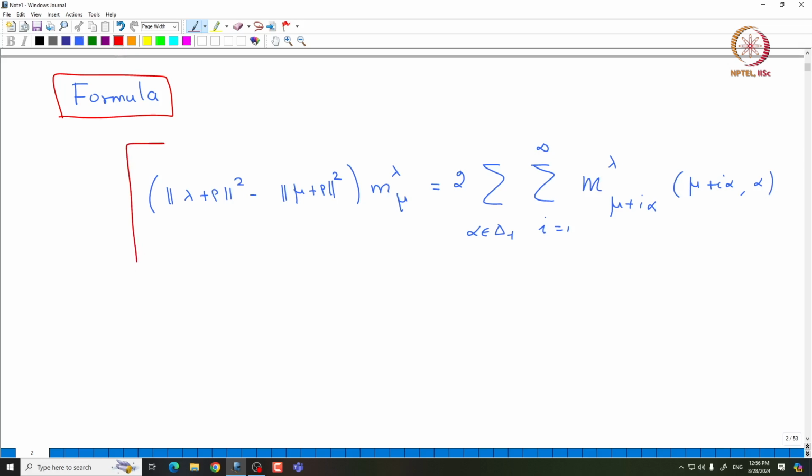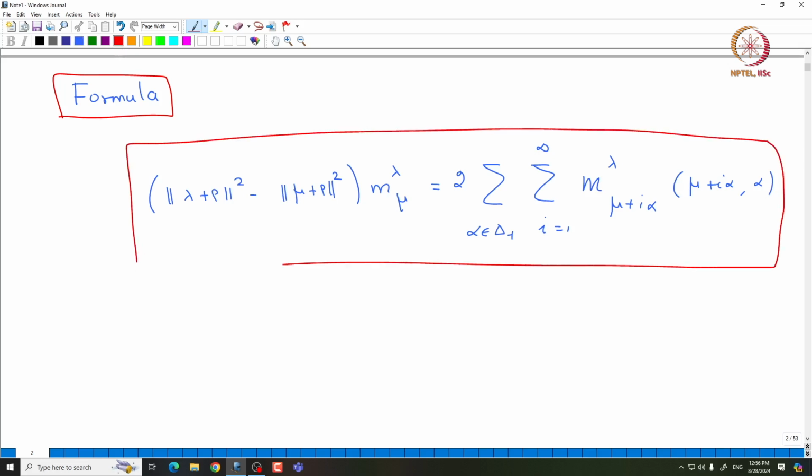This formula is indeed very powerful. You can see that the terms appearing on the right side lie above mu, because you started with mu and then you are adding some i alpha. If it is a weight, it must lie above mu, and obviously all the weights are smaller than lambda.